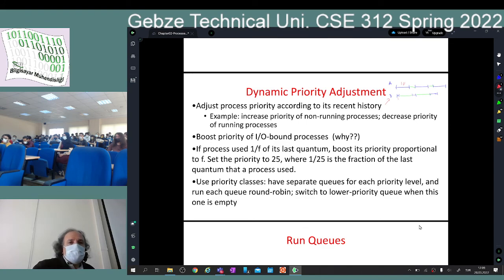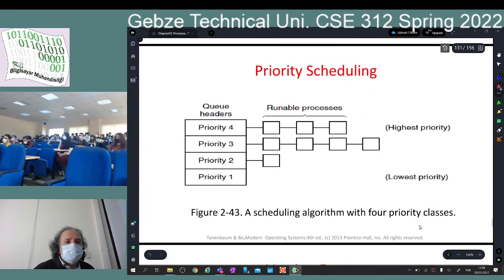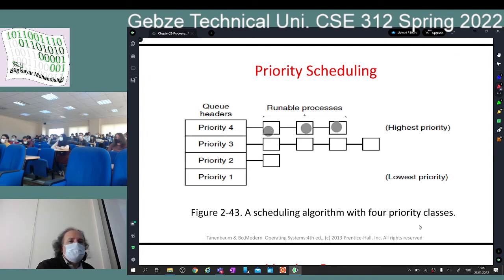So, dynamic priority adjustment, just one example here. Run queues are exactly as I said before, like this. Priority 1 is the lowest priority, priority 4 is the highest priority. These are the runnable processes. Run a round robin between them. The quantum time is smaller for this, a little bit larger, and largest for this one. Maybe this one may not even be preemptive.